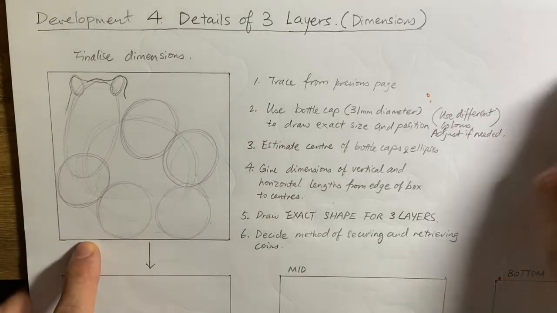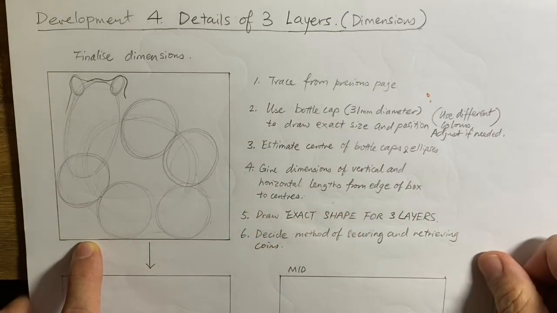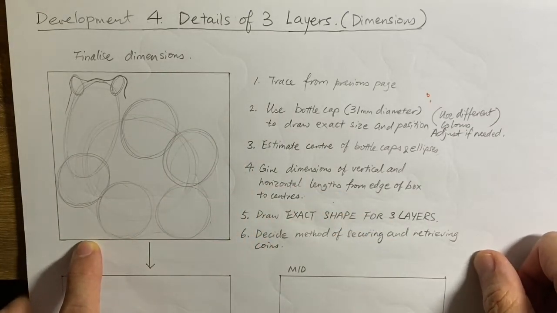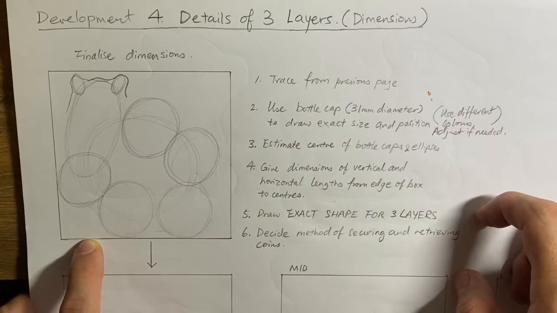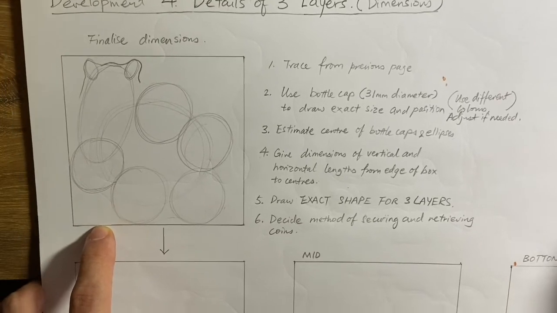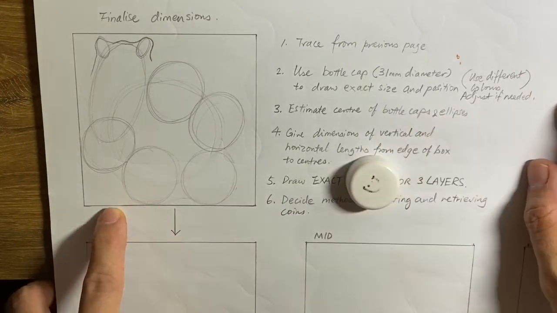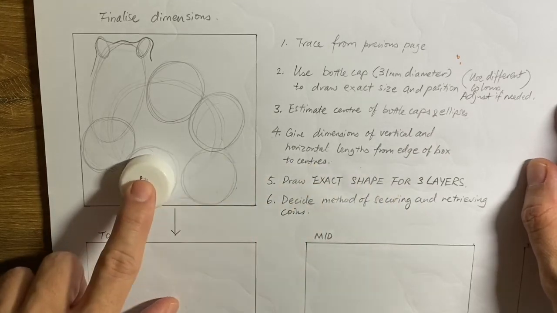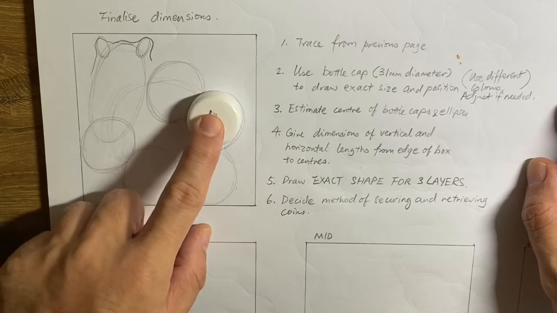So what I did was I traced this shape roughly from the last design in the development, and I'm suggesting that you also do this. I'm going to use a bottle cap, and this bottle cap will help me define more accurately the locations for the coin positions.